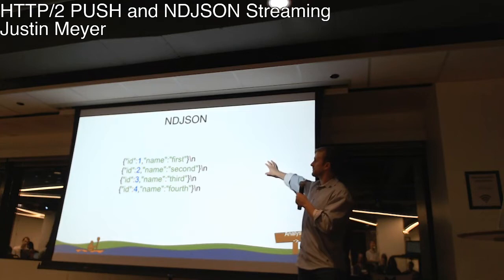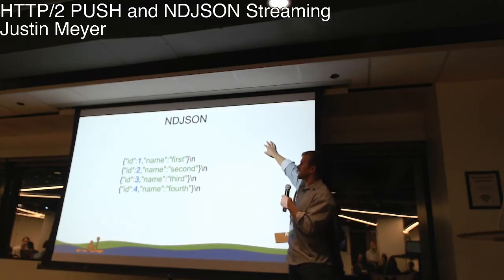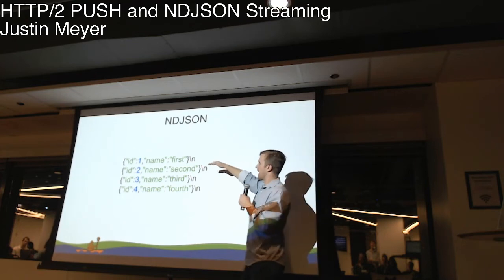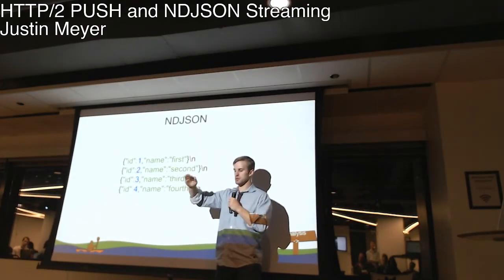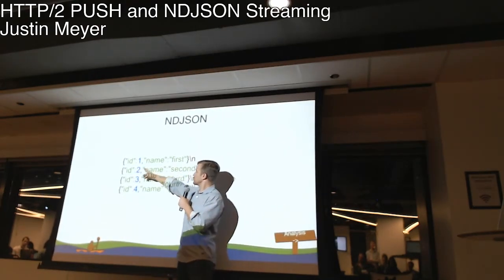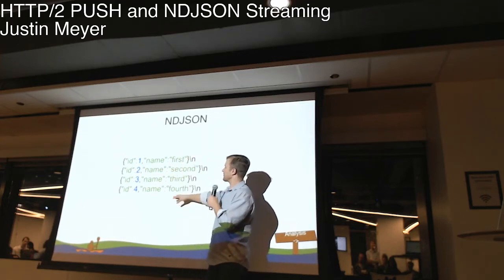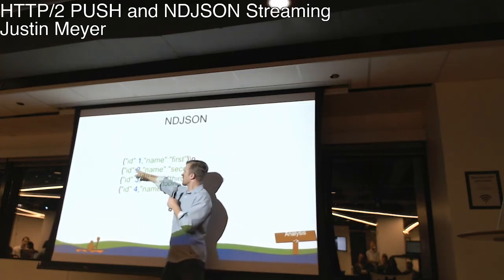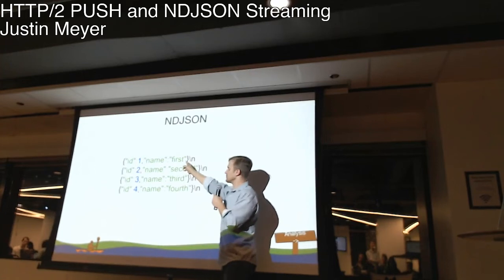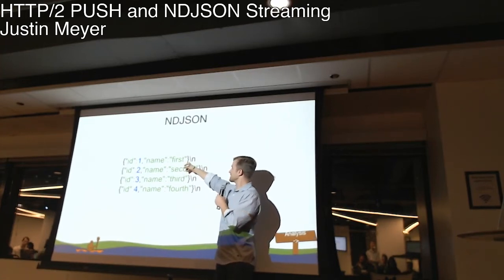So there's this format that's starting to be widely used, called newline delimited JSON, which essentially, as your database is producing records, you stream out a file where each record is serialized to a JavaScript object string, and you end it with a new line.